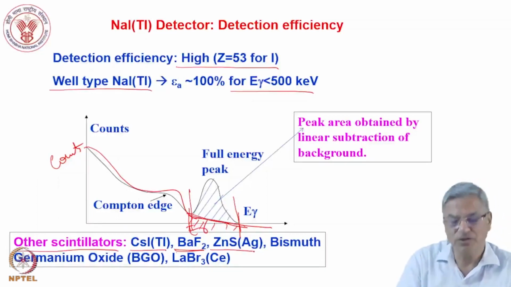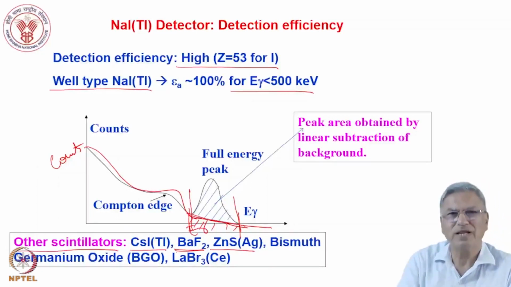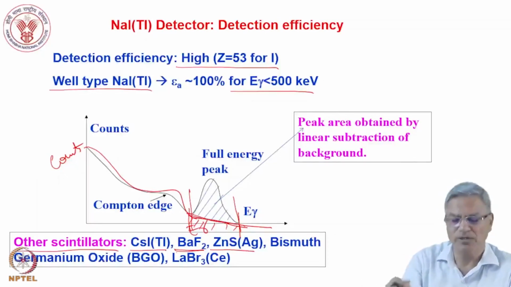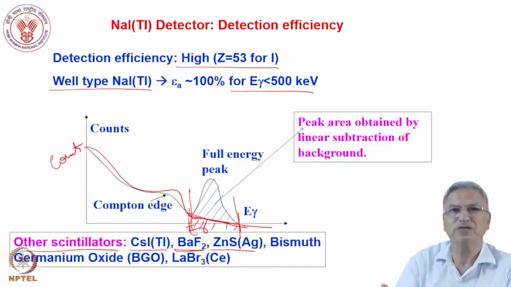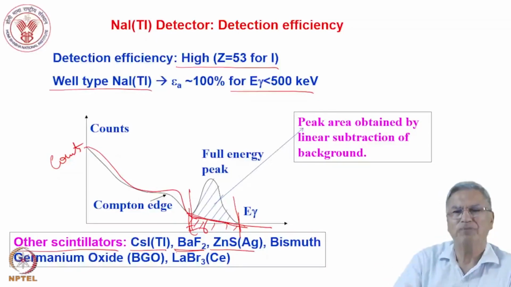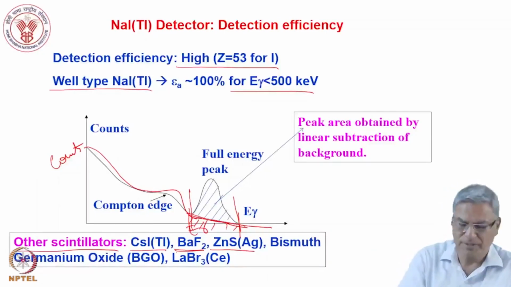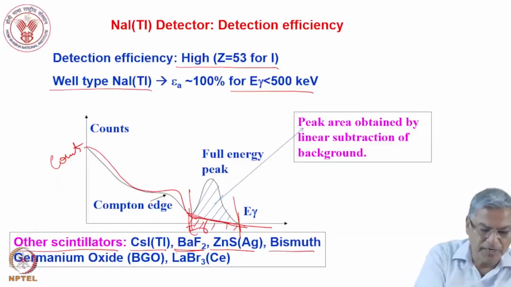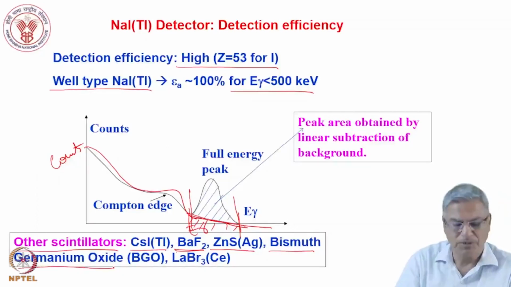Zinc sulfide, silver doped. Zinc sulfide is not a single crystal; it is a polycrystalline material, doped with silver. Silver is like a wavelength shifter. So for alpha counting, we have a very thin layer of zinc sulfide powder on a perspex plate, and coupled with the PMT, you can use it for alpha counting. Bismuth germanium oxide, BGO. Bismuth is a good material.